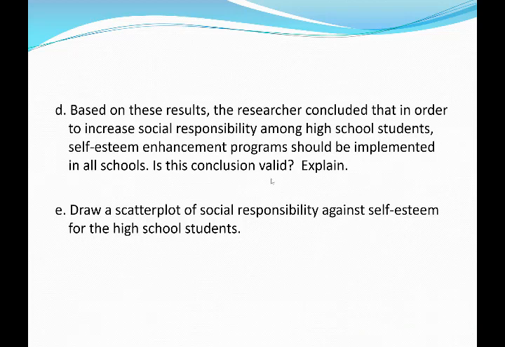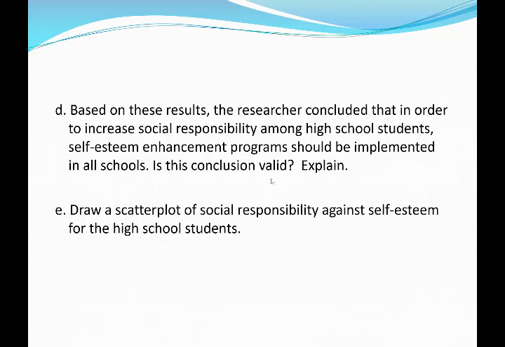Question D says, based on these results, the researcher concluded that in order to increase social responsibility among high school students, self-esteem enhancement programs should be implemented in all schools. Is this conclusion valid? This statement should be based on self-esteem and social responsibility being correlated, which means that they're related. Now, remember that correlation does not mean causation.